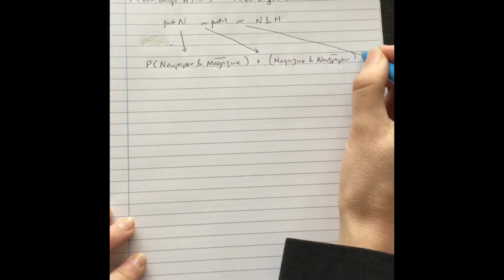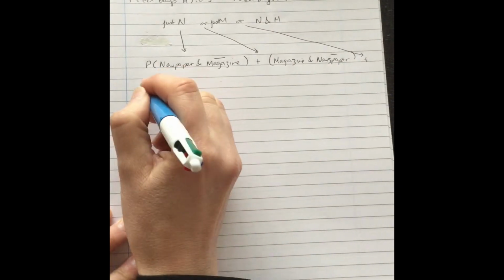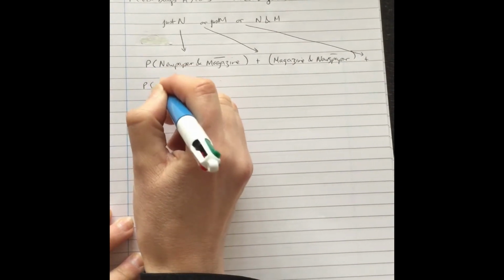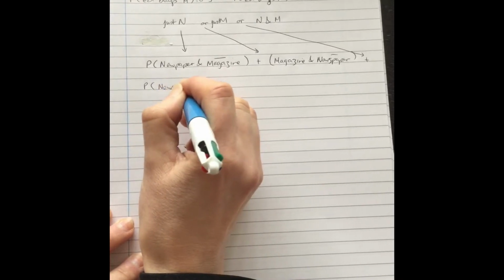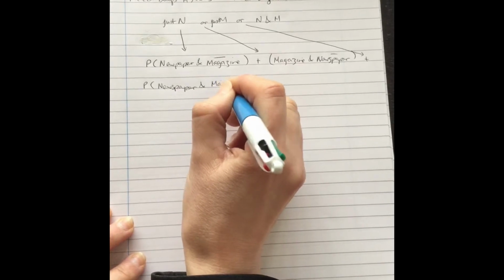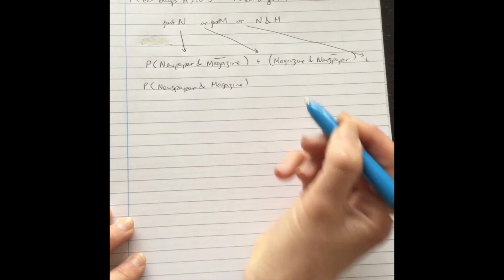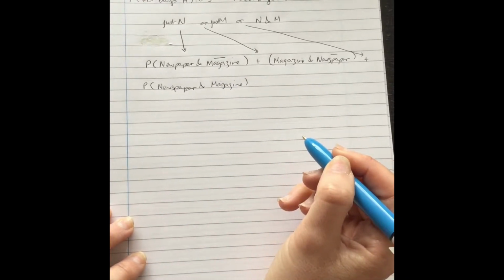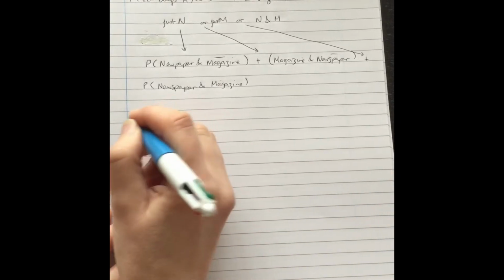Or, which means we have to add again, the probability of a newspaper being bought and a magazine being bought. From here on in, I'll use notation N for newspaper and M for magazine.